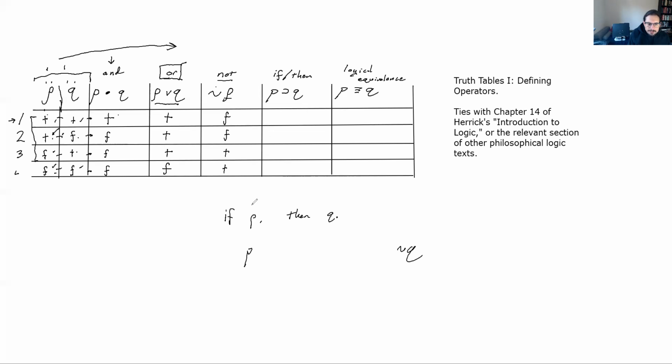If we know that P is true, then that forces Q to be true. That's modus ponens. If we know that Q is false, that forces P to be false, not P. That's modus tollens. However, suppose we learn that P is false.